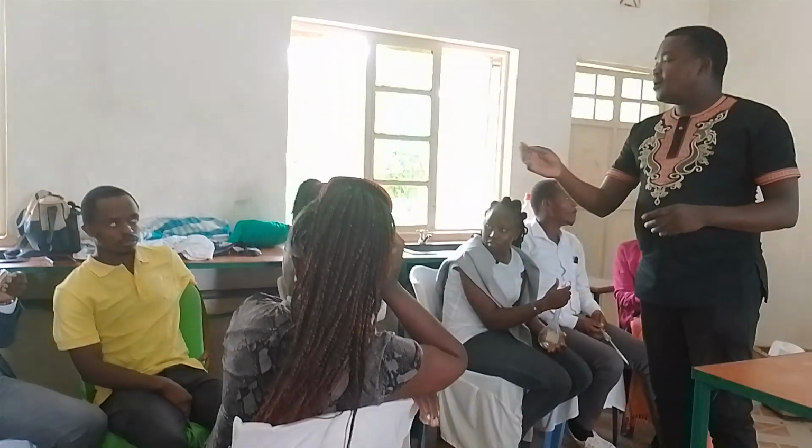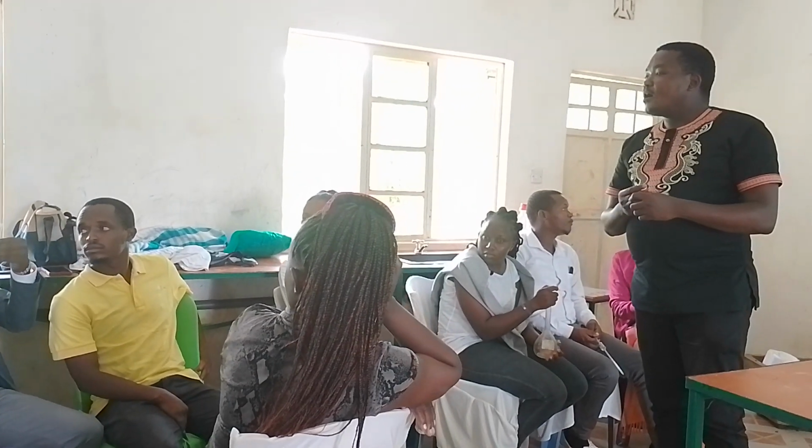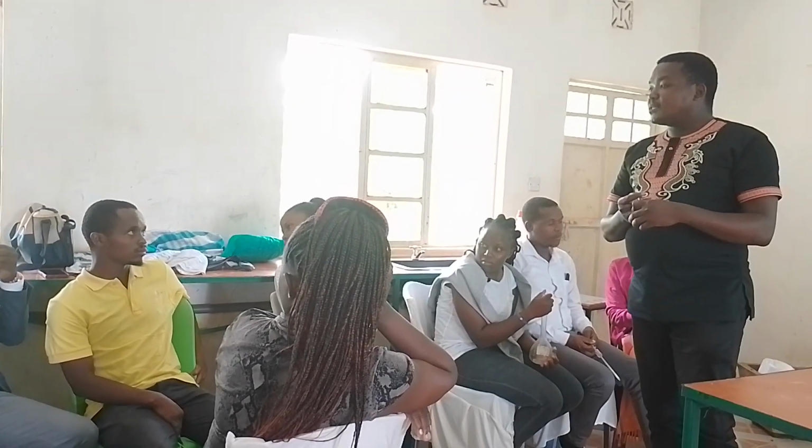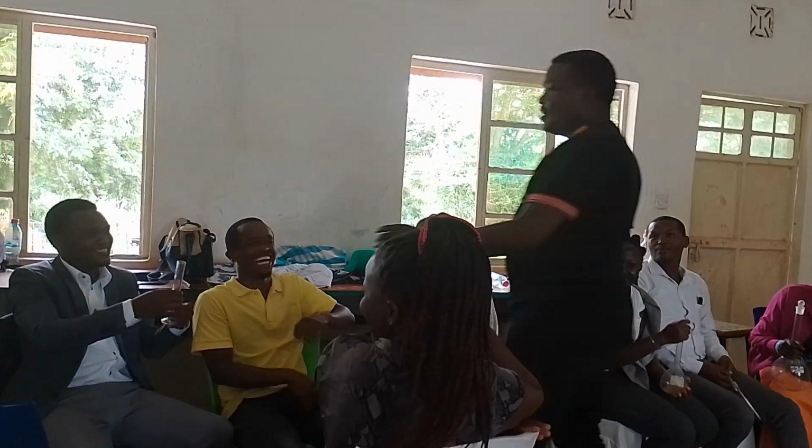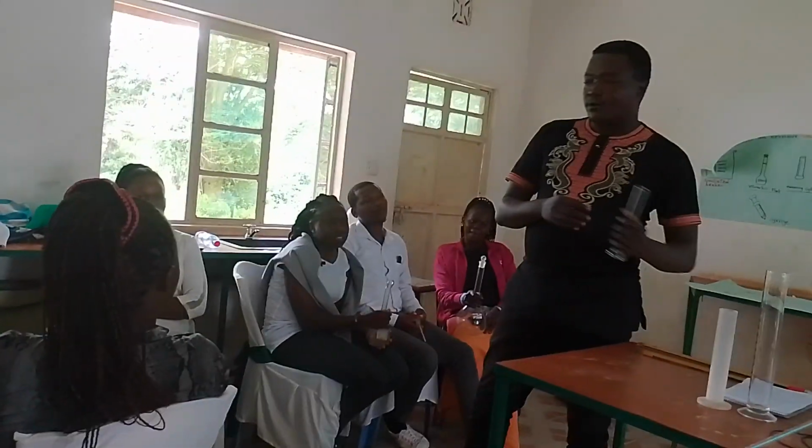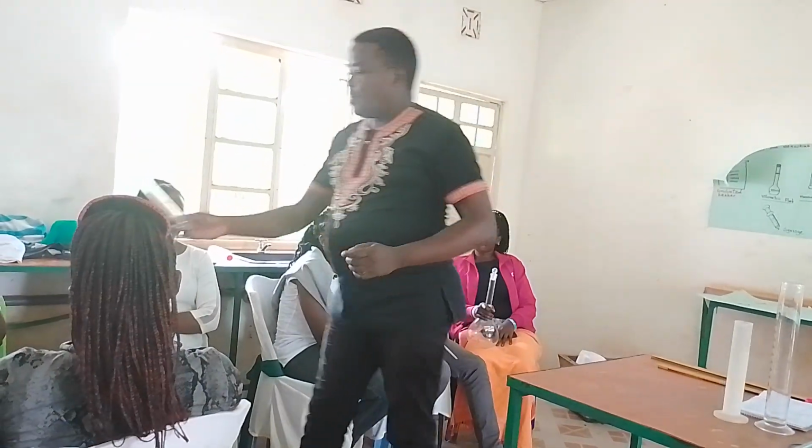These are beakers. We have a test tube. No, this one is not a test tube. This one is a measuring cylinder. A measuring cylinder. I've seen they are in different volumes.